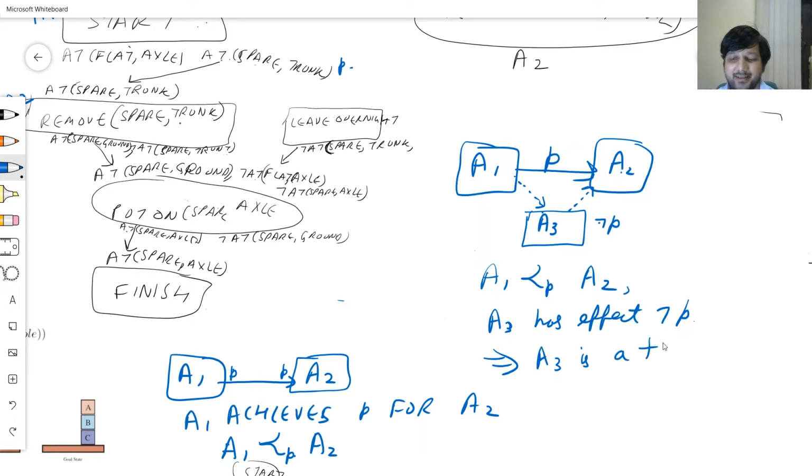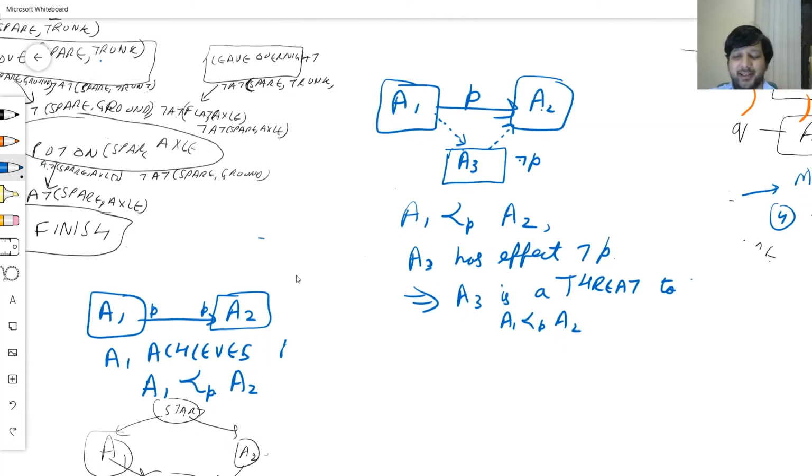is a threat to A1 achieves P for A2. And if A3 is a threat for A1 achieves P for A2, that means the linearization A1, A3, A2 is not possible.